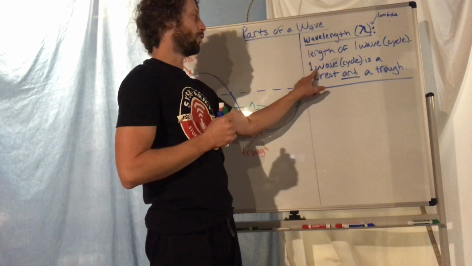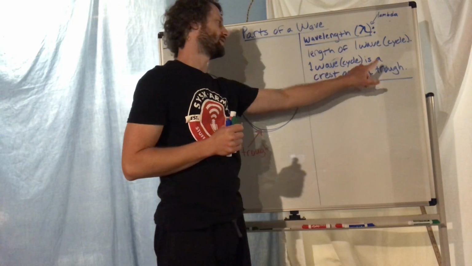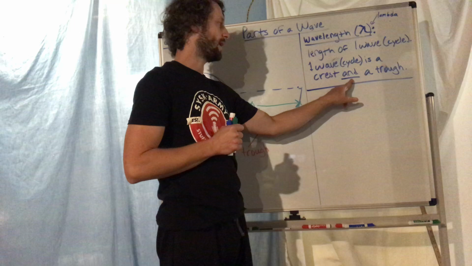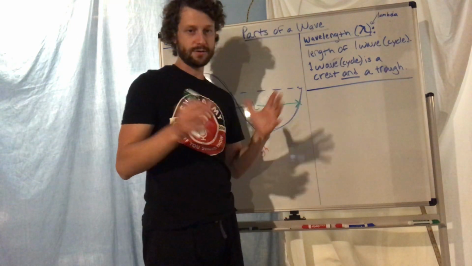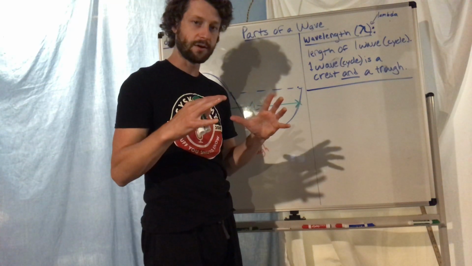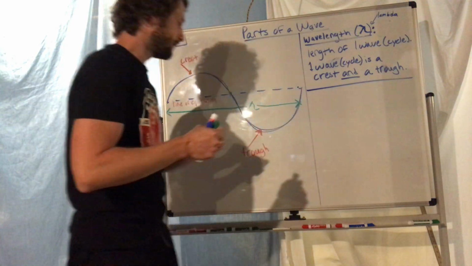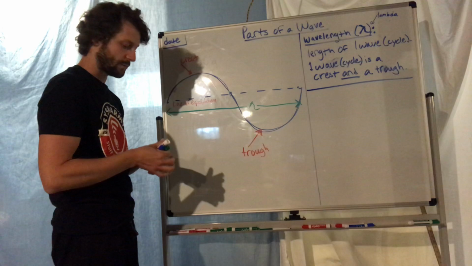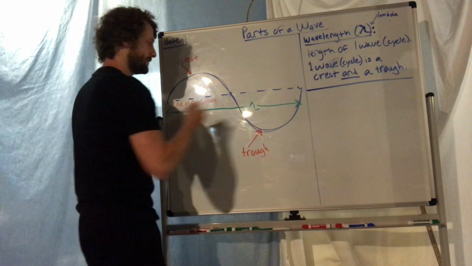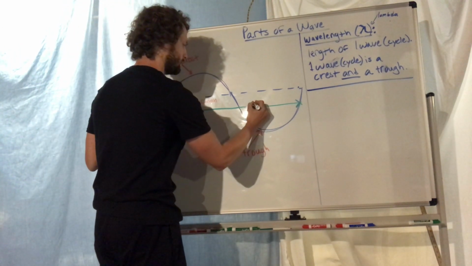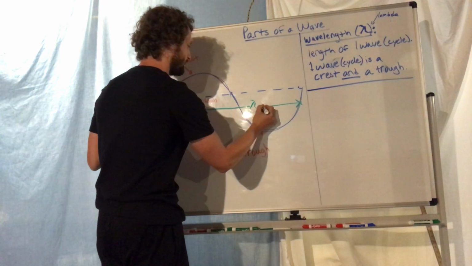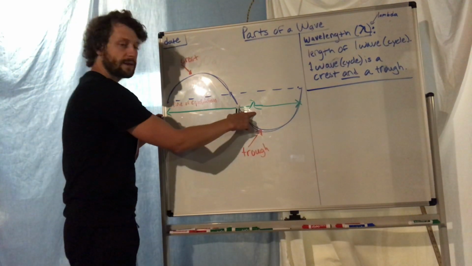So write this down too. One wave or cycle is a crest and a trough together. So when you have a crest and a trough together, the length of those two together is the wavelength. Let's look at the picture. All right. Here is lambda again. There's lambda again.